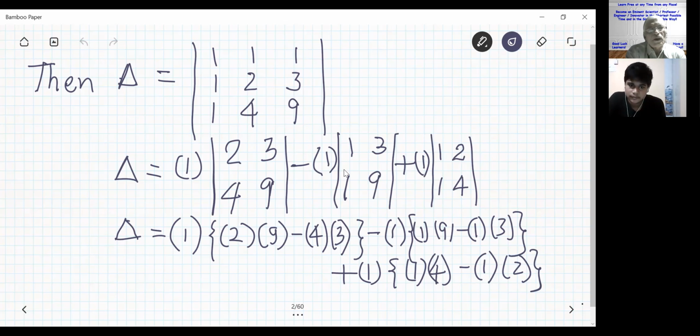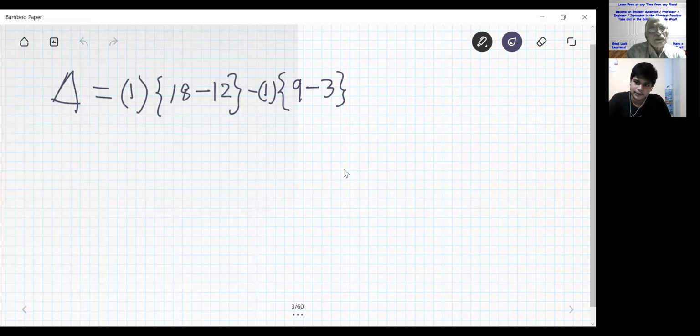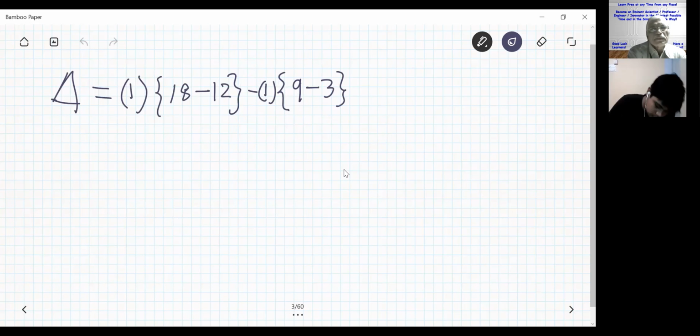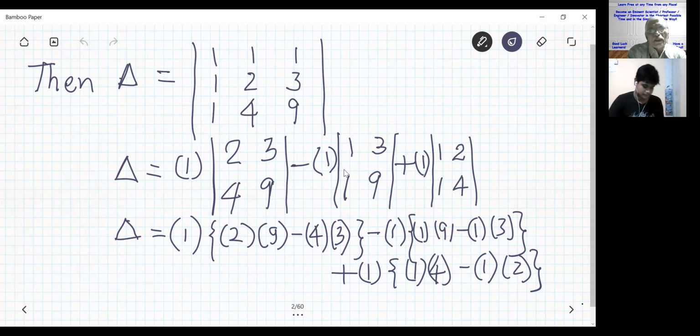So 9 minus 3 will become 6. 6 into minus 1, right, sir? Here 6 will be there into minus 1. So then there will be plus sign and 1. And so 6 in minus 6 it will become.